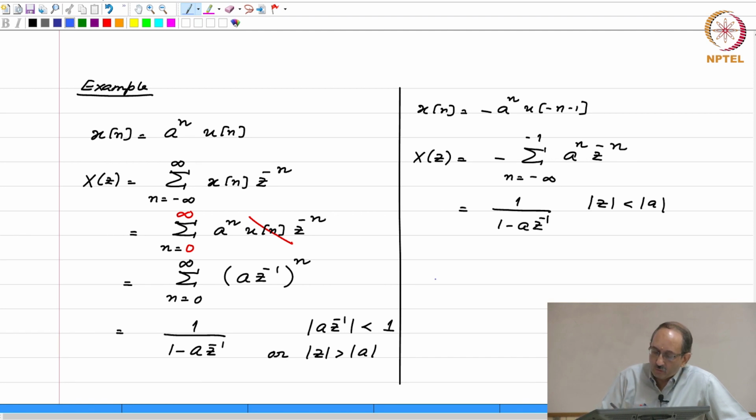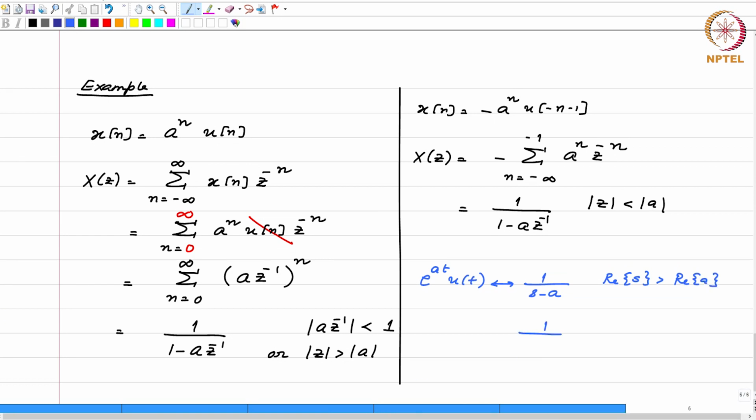transform. There you had e to the at u of t, its Laplace transform was 1 by s minus a, and the region of convergence was real s greater than real a, and what was the corresponding counterpart?